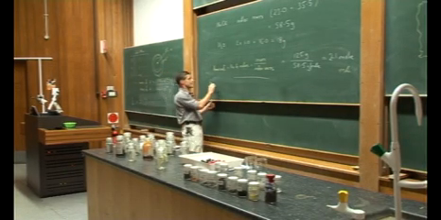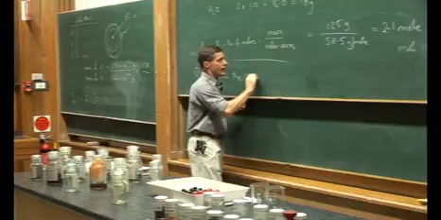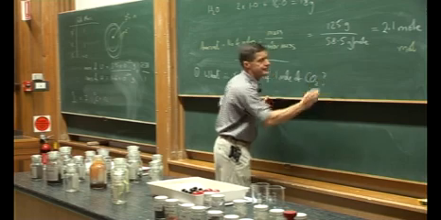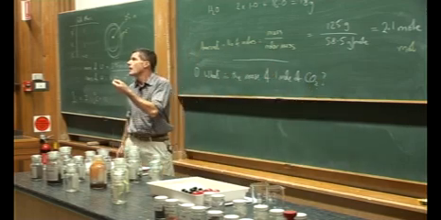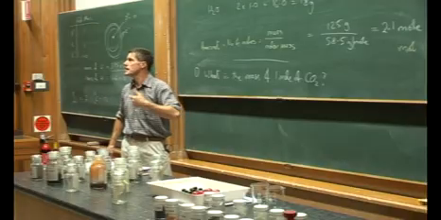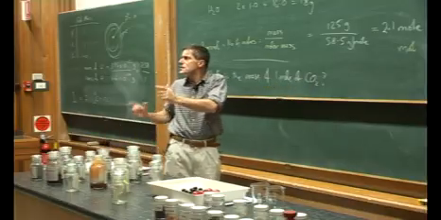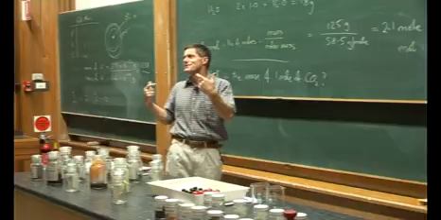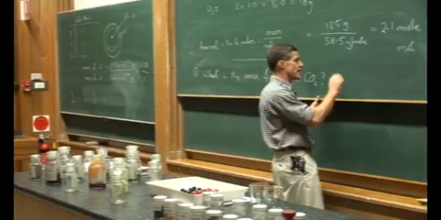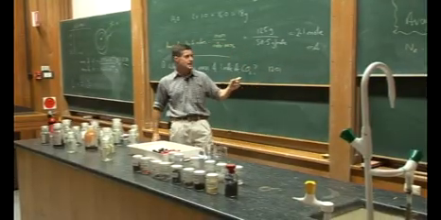Now, to just highlight a couple of examples, if I want to determine the mass of 1 mole of carbon dioxide, I would need a correct formula. In this case, it's given: CO2. I would need a periodic table in order to look up the molar masses of the atoms. And this is really why we want you to learn some of the elements of the periodic table, so that you can instantly go to carbon on the periodic table and say, okay, 12.01 is the molar mass of carbon atoms.